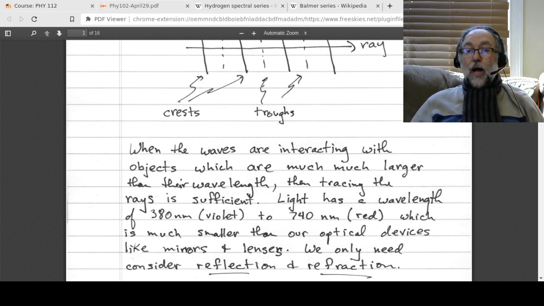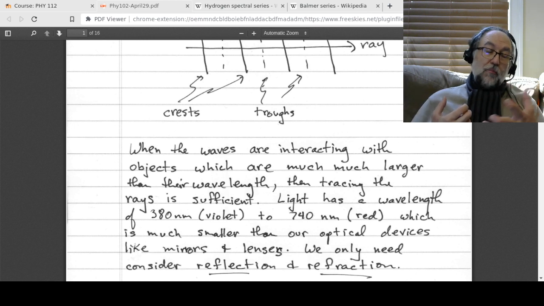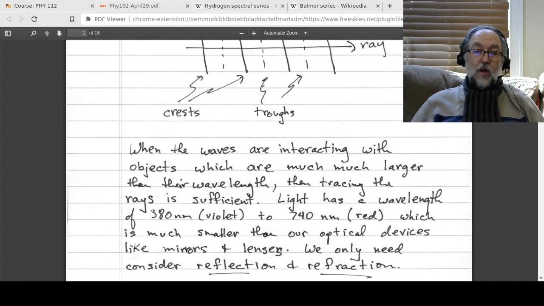Okay, now for diffraction, and diffraction was the bending of waves around corners, and for interference, and that's when you had two sources of waves, and the crests and troughs from one source would meet up with the crests and troughs from another source, forming bigger crests or bigger troughs, or annihilating one another, as the case may be.